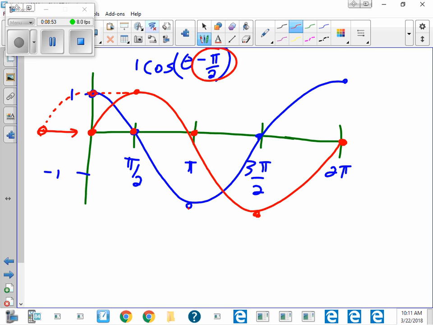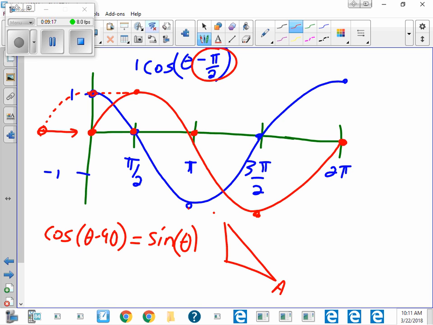And what do you notice about that graph? It's the sine. So pi over 2 is 90 degrees, right? So the cosine of theta minus 90 is equal to the sine of theta, which we already knew, because in a right triangle, if this is A and this is B, we know that the sine of A is equal to the cosine of B. And how do A and B relate?